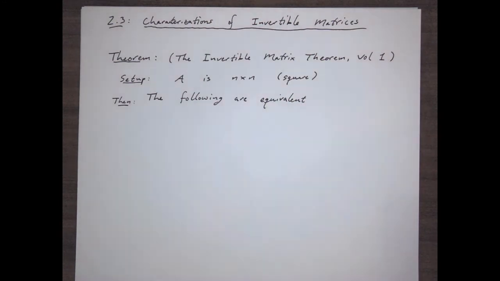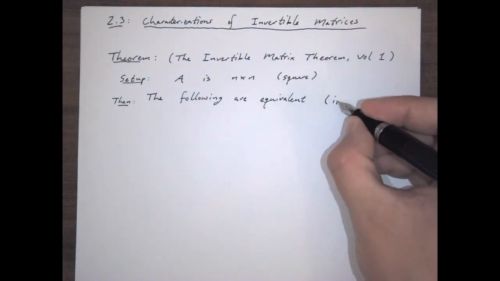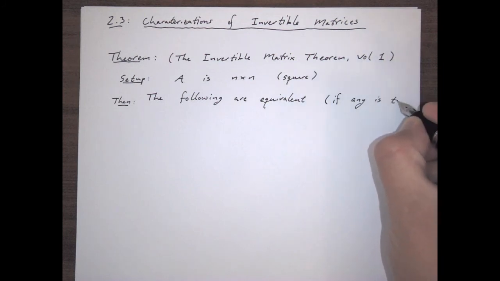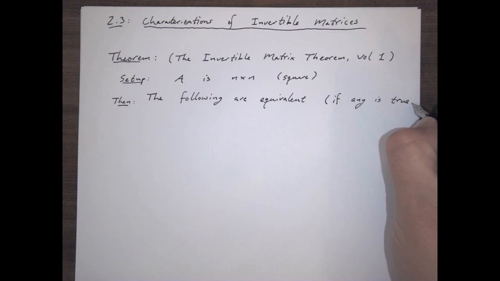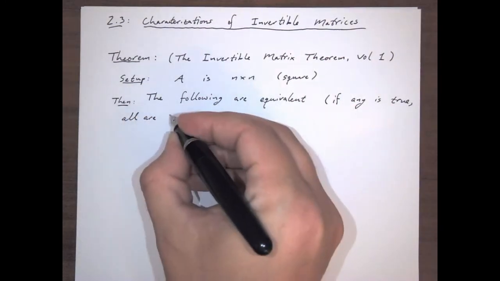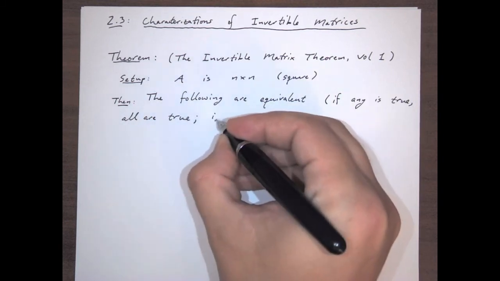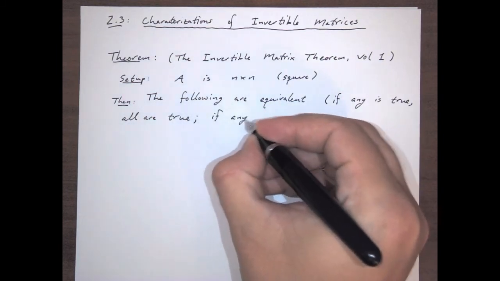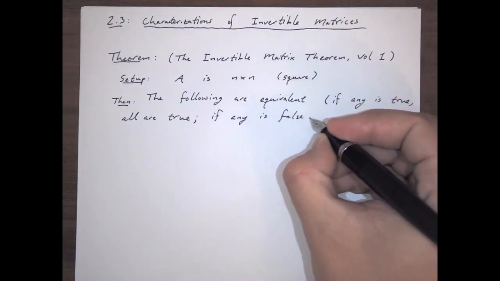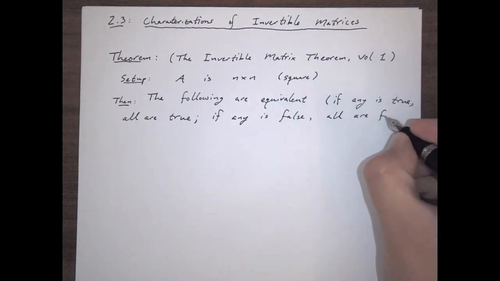If any one of them is false, any other of them is also false. So if any is true, all are true. If any is false, all are false.